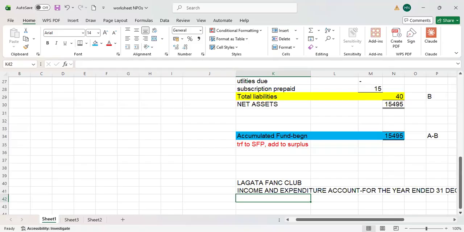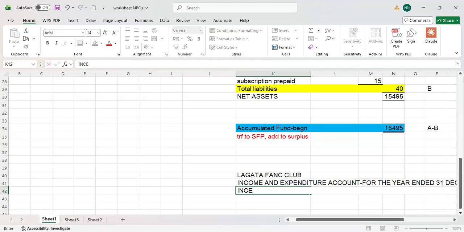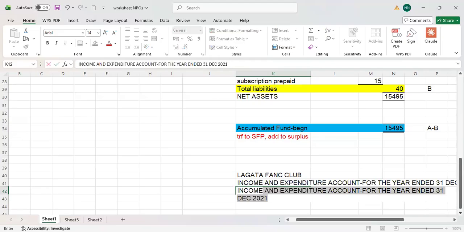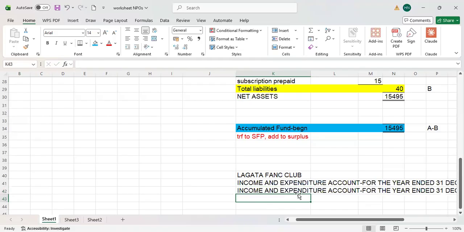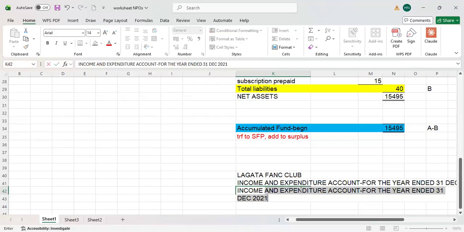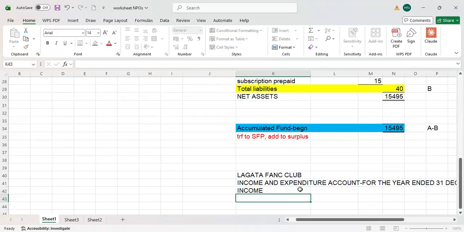So you show your income. Just income. If there's bar profit, you calculate that.